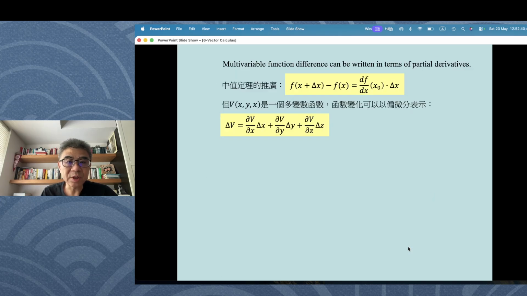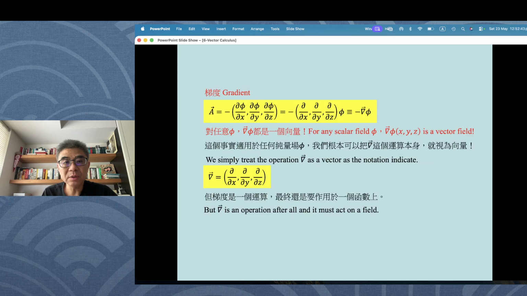These three partial differentiations put together as three components look really like a vector. So we give it a notation which indicates this fact explicitly. This vector will be called the gradient of phi, with this inverted triangle, and we put an arrow on top of it to indicate again that this is actually a vector.